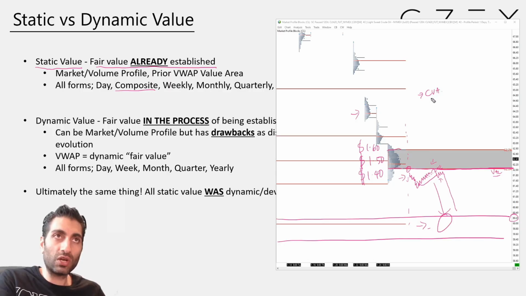But this all started at my CVA hypo. So I would have had my hypothesis, right? And we'll talk about this, don't worry. My hypothesis might be, what's my key contextual level for today is 62.04. Below that, I'm expecting an imbalance. What's my target? 60.20.